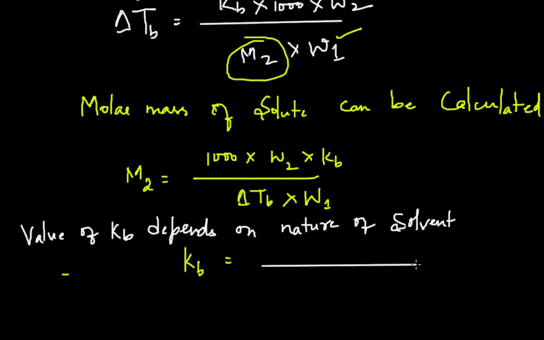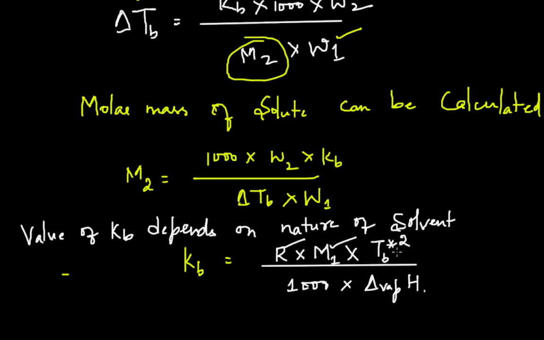So Kb is given by R, which is the ideal gas constant, into M1, the molar mass of the solvent, into TB star square, the boiling temperature of the pure liquid squared, divided by 1000 into delta vaporization H. Here R is the gas constant, M1 is the molar mass of the solvent, TB star is the boiling point of the pure solvent in Kelvin, and delta vaporization H is the enthalpy of vaporization of the solvent.